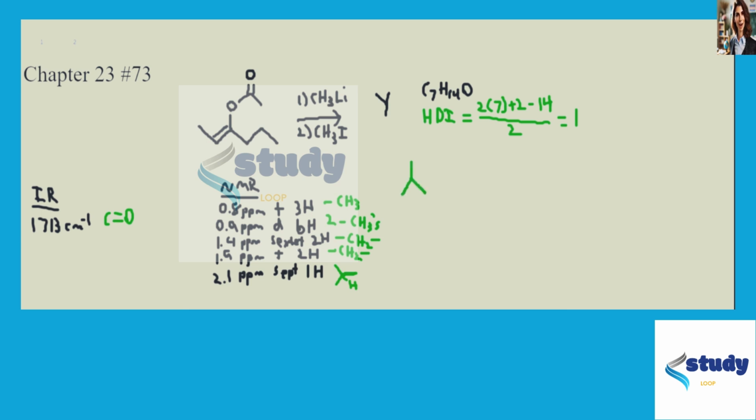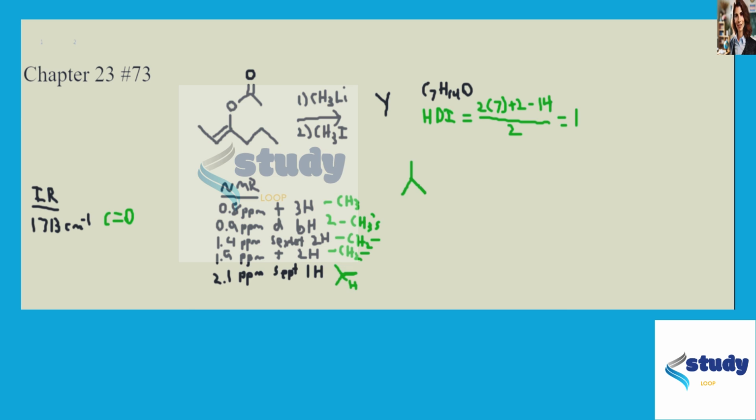All right, so I'm going to say that on one side of this molecule, we have this isopropyl group. So like this. And then, okay, so that 2.1 ppm septet is pretty far downfield.